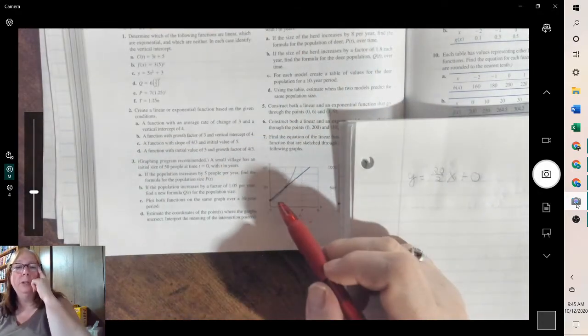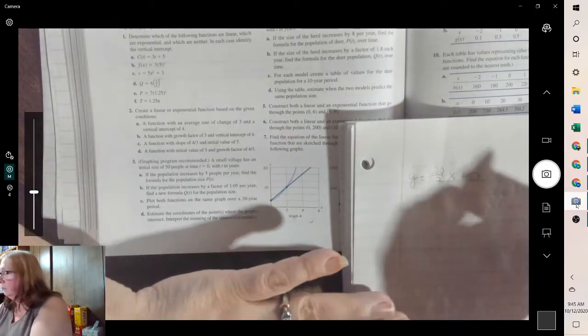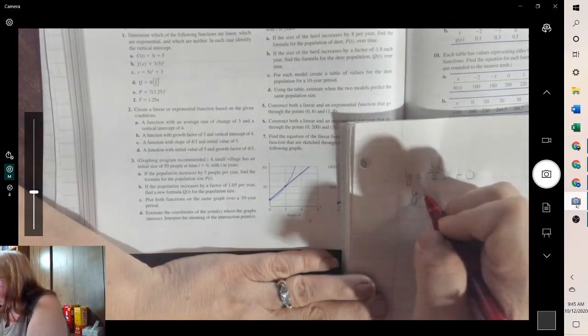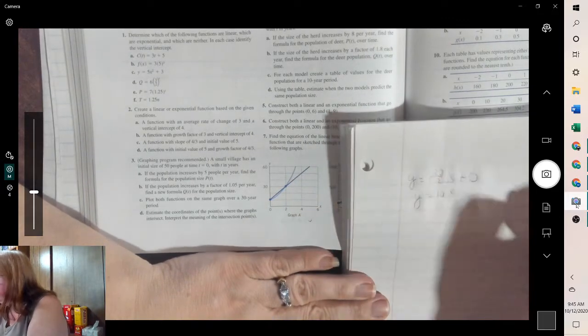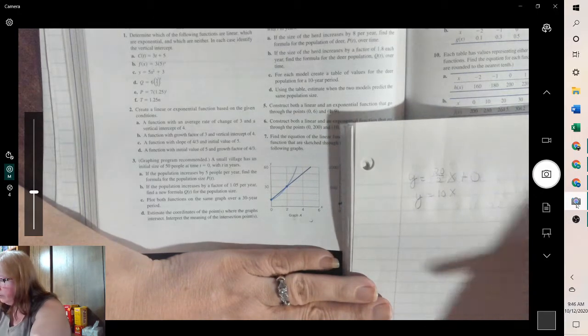Because if you count your slope, you're going up 10, 20, and over 2. And that will reduce to 10x, and the 0 drops off. That would be the linear equation.